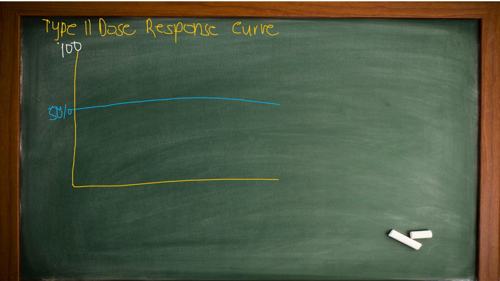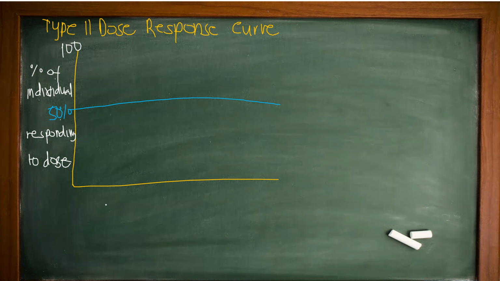So this is the percentage of individuals responding to a particular dose. So we have 50% and then your 100%. Now, this is about your human study. So we will illustrate what is your ED50 and what is your TD50.